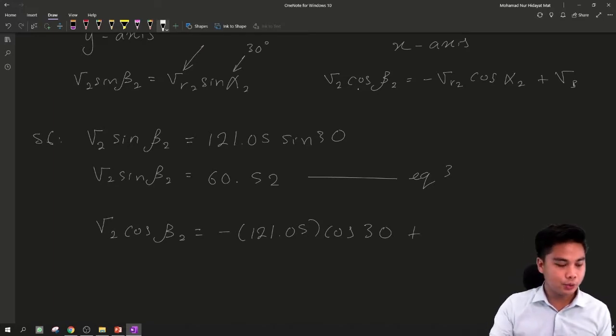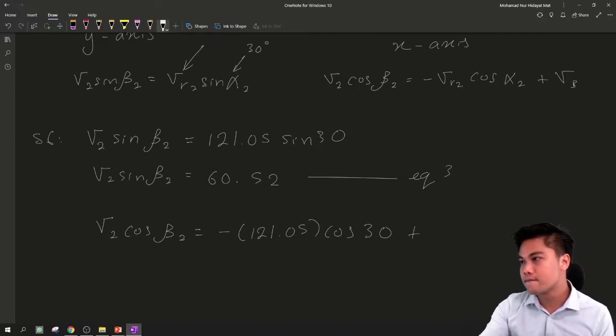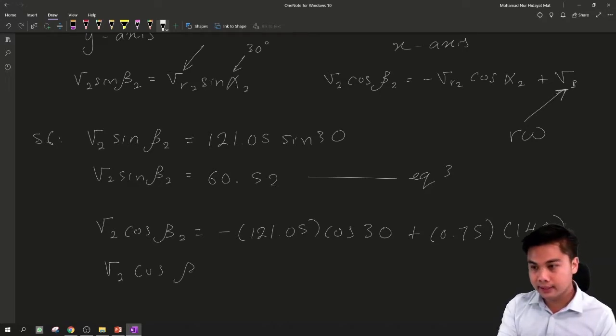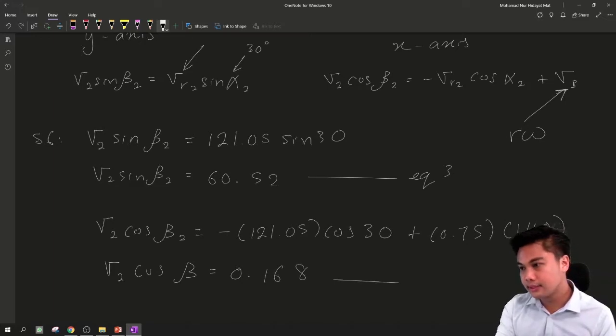VB is V equal to R omega that previously we discovered. So R is 0.75, omega is 140 radian per second. So you solve this, you will get V2 cos beta 2 equal to 0.168. This is equation number 4.